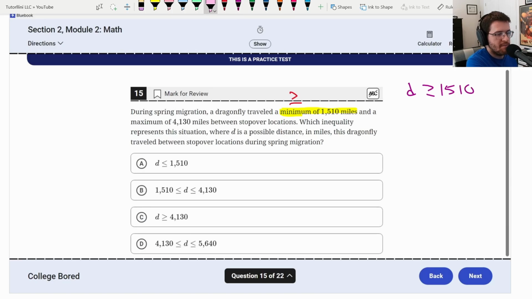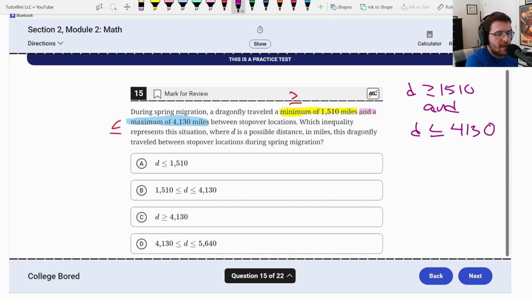And then it says this really important inequality word, and, and then we're going to come over here and see a maximum of 4,130 miles. And remember, maximum is a keyword for less than or equal to. So we're going to do D is less than or equal to 4,130.